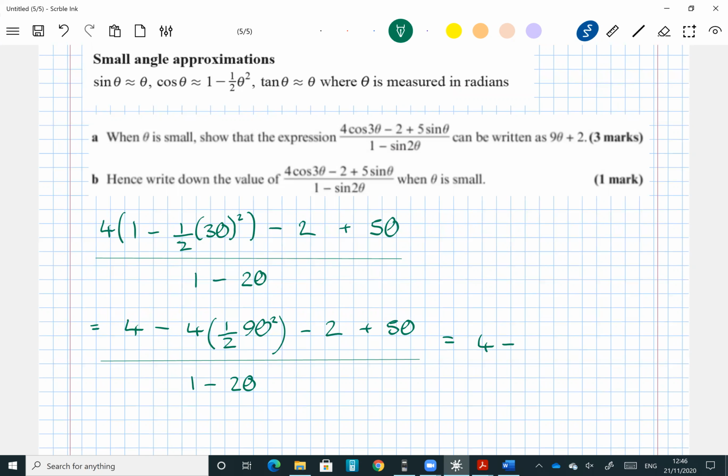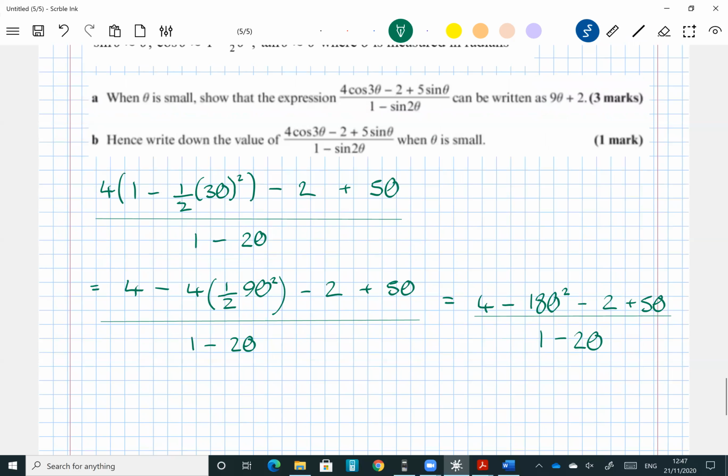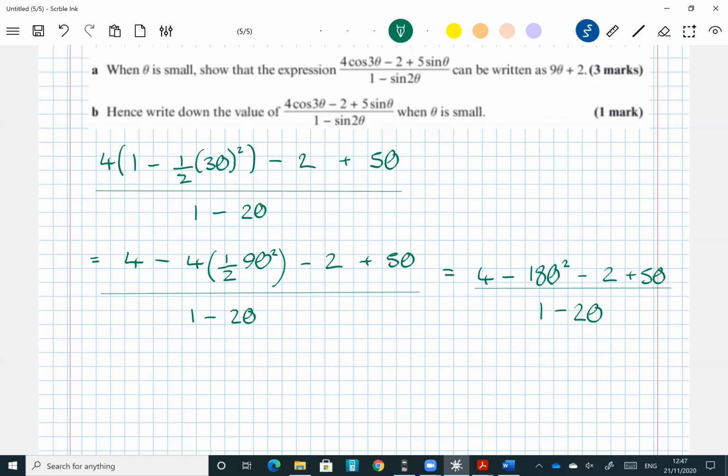4 minus, so 4 over 2 is 2, so that becomes 18 theta squared. Take 2, plus 5 theta, over 1 minus 2 theta. So keep going with that.